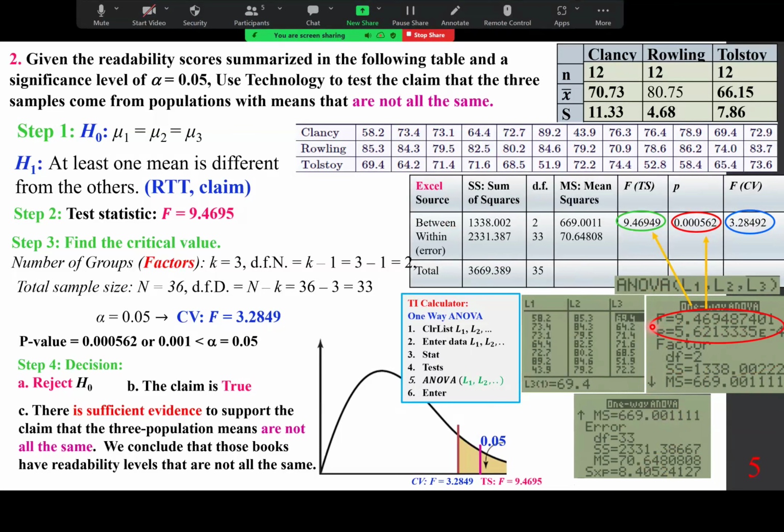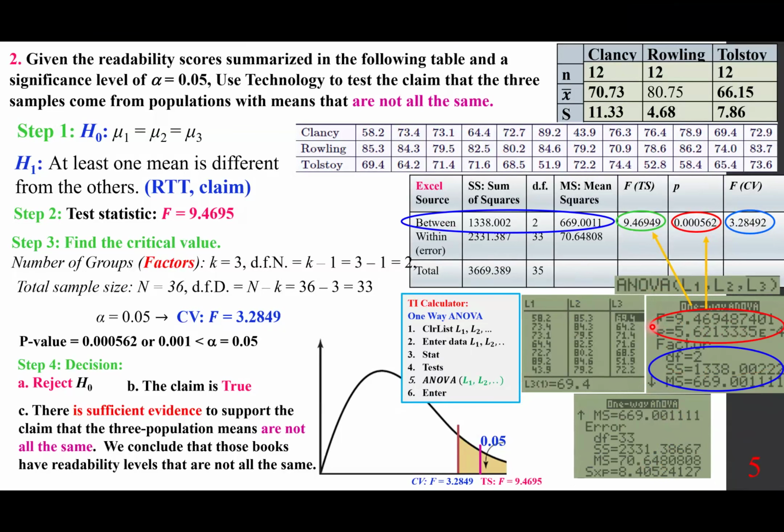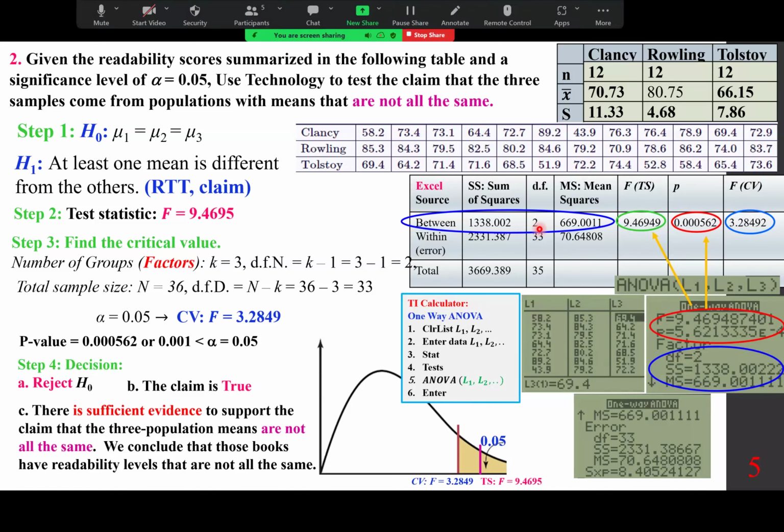Also, there are other calculations that are done here. If you look at this one, degrees of freedom was 2. The sum of squares was 1338.00222. And of course, we have it here. And the mean square is this number, which is this one divided by 2. If you divide this number by 2, you get this one.